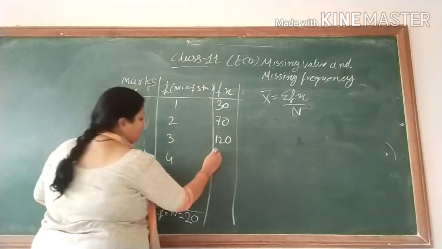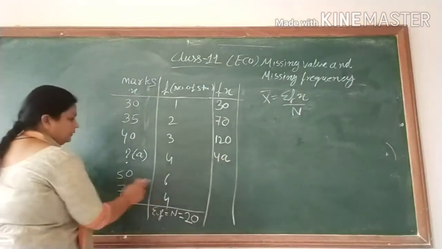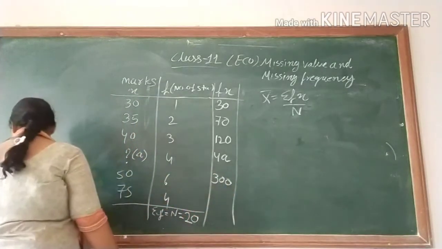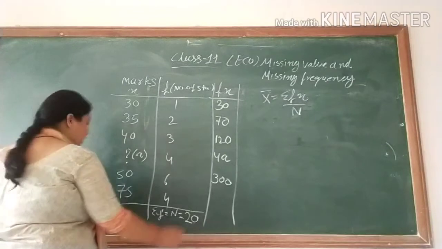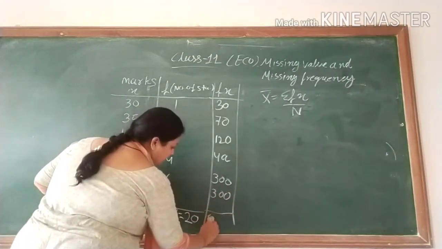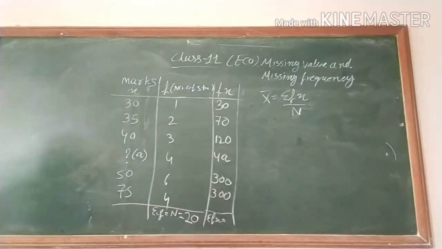So we can say 4a, 300, and 75 into 4 again 300. Now sigma fx, you just sum this: 30 plus 70, 100 and 120.